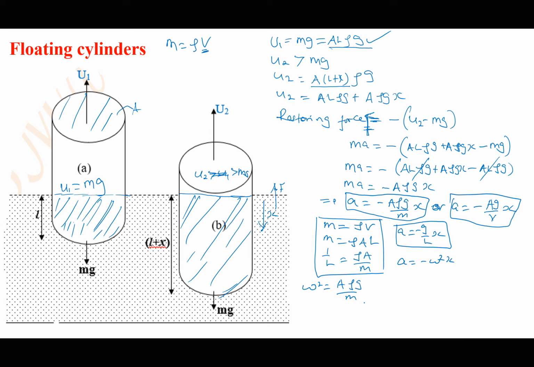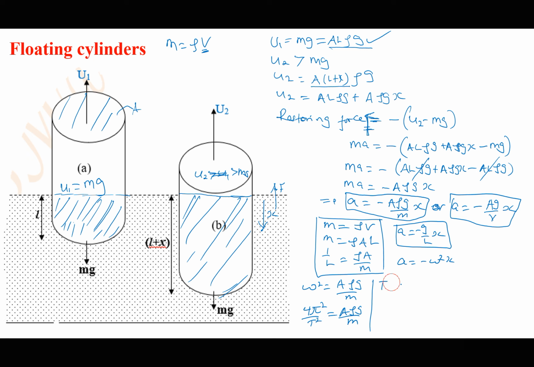Remember, omega is 2 pi over T, so I'll say 4 pi squared over T squared is equal to A rho g over m. I'm trying to find an expression for the period.